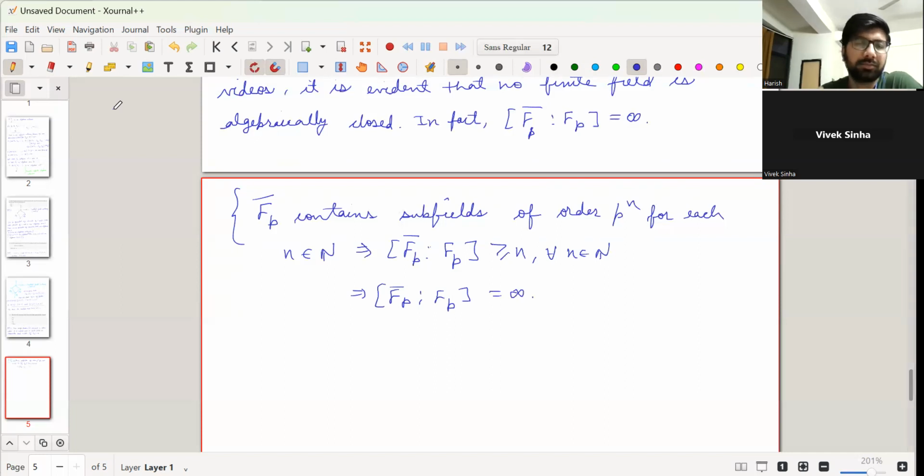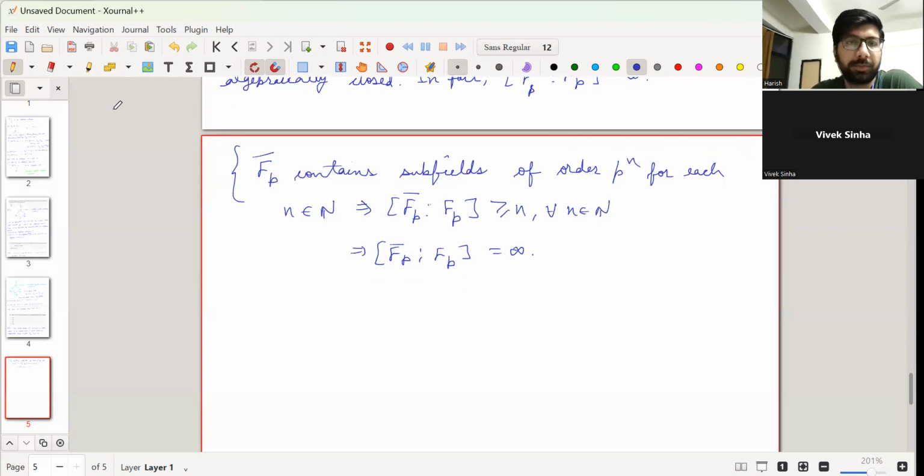And in fact, from here you can say that even if it's a prime power, say p raised to r, this will also hold, because the closure of Fp contains each subfield of order p raised to n.